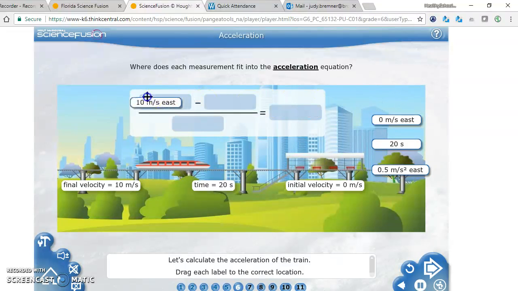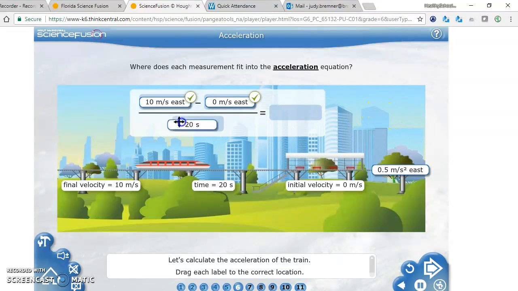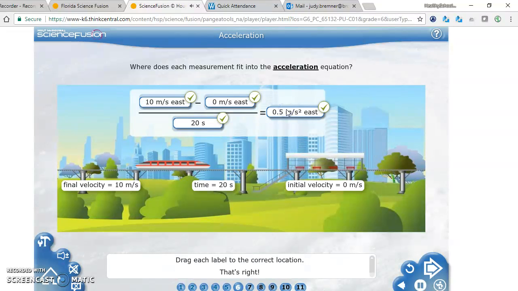Final velocity is 10. This all happens in 20 seconds. So the acceleration is 10 minus 0 over 20, or 0.5 meters per second squared.